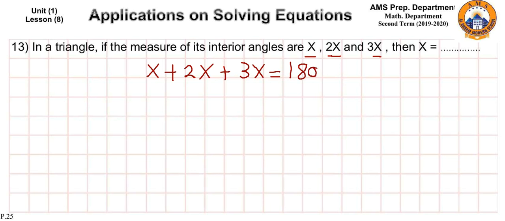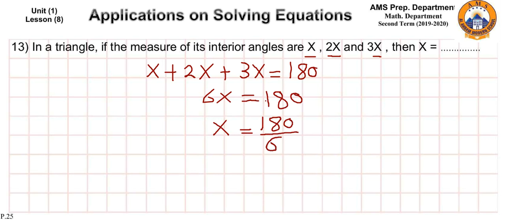X plus 2x plus 3x equals 6x. 6x equals 180. Now x equals 180 over 6, and this will be 30 degrees. Then the measure of the angle x is 30 degrees.